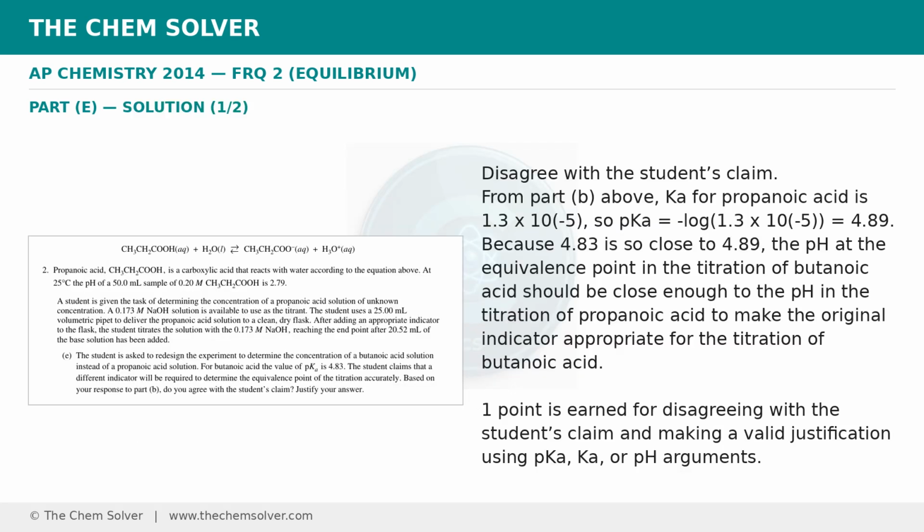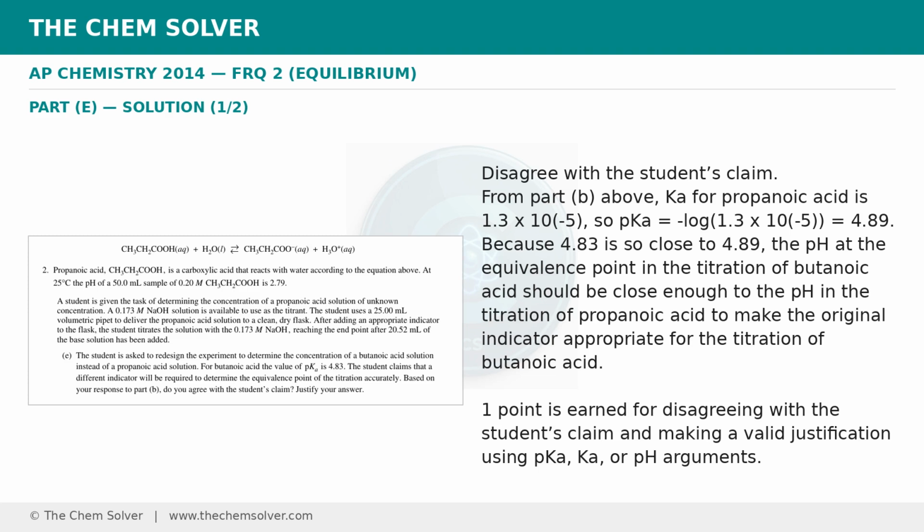Disagree with the student's claim. From Part B above, Ka for propanoic acid is 1.3 times 10 to the power minus 5. So pKa equals minus log of 1.3 times 10 to the power minus 5, which equals 4.89.